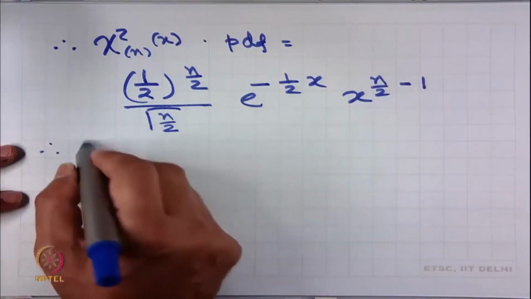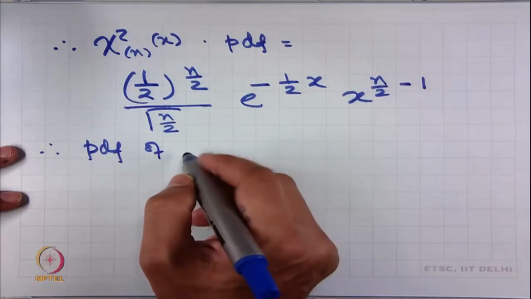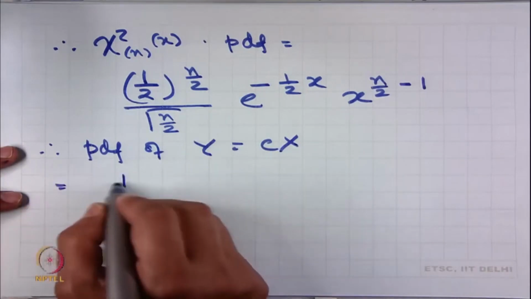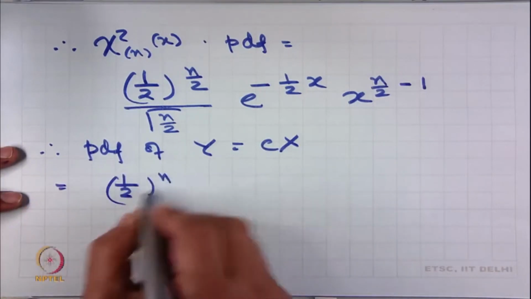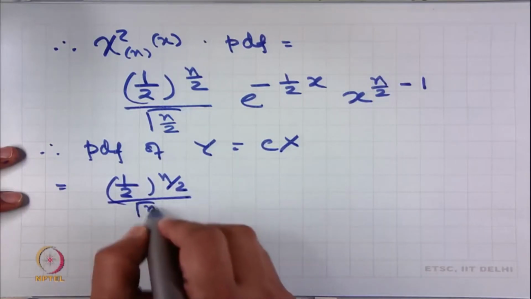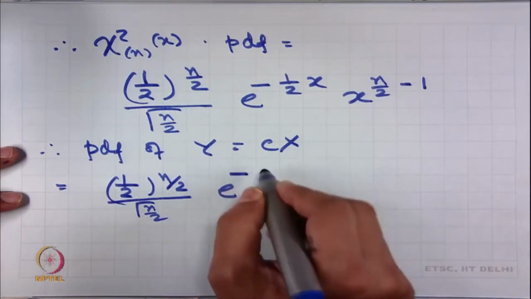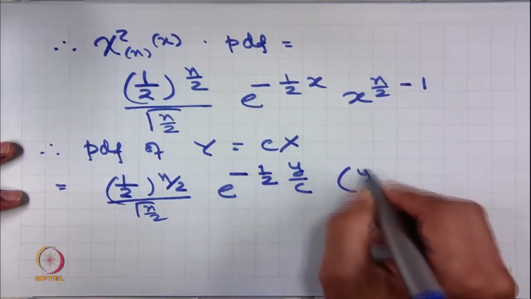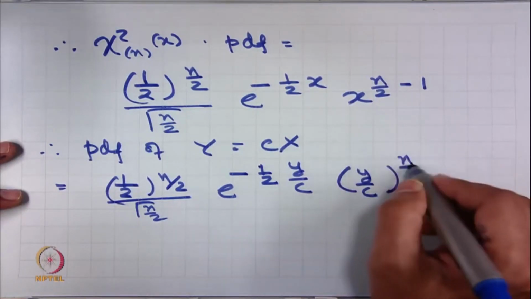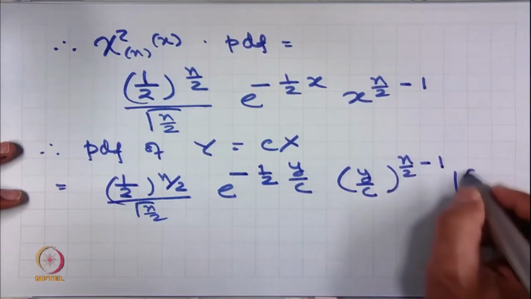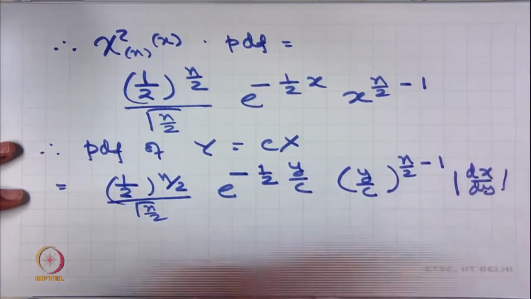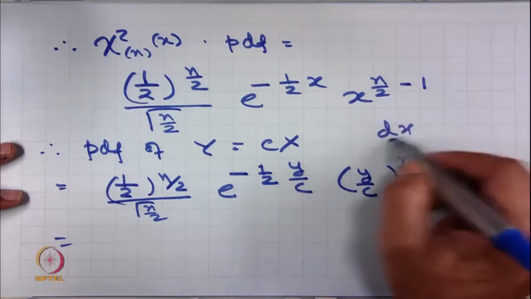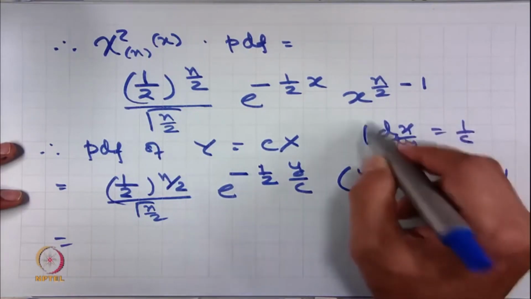Therefore, PDF of y is equal to Cx is half to the power n by 2 upon gamma n by 2, e to the power minus half y by c, y by c to the power n by 2 minus 1, times dx dy, and since y is equal to Cx, dx dy is equal to 1 by c.